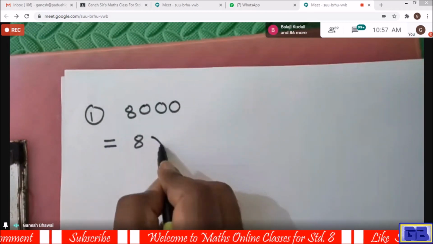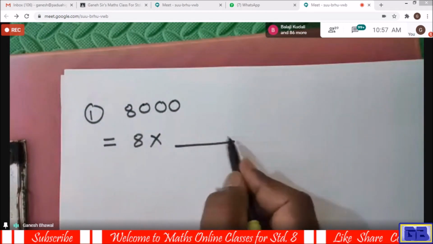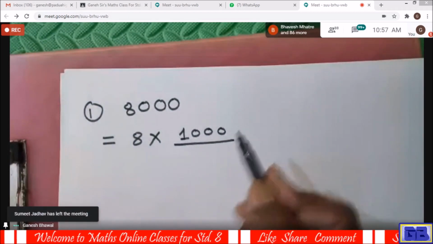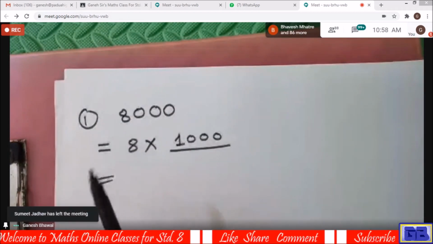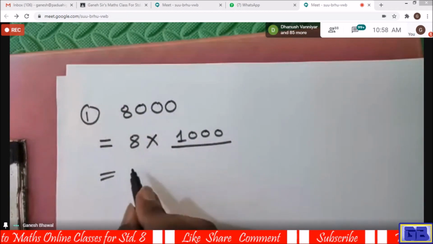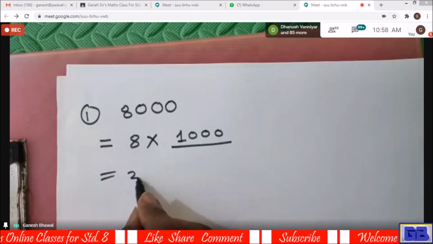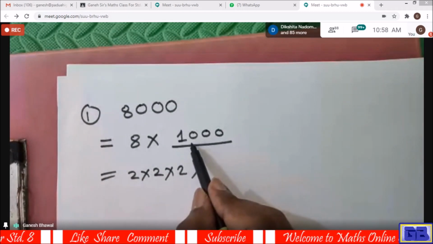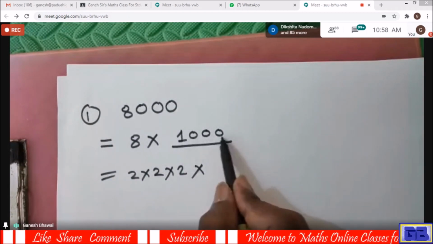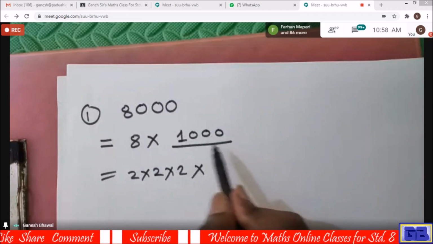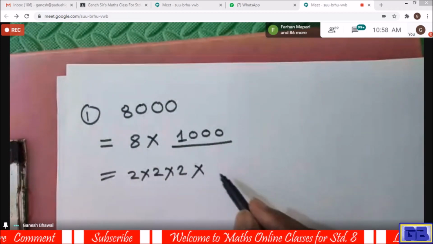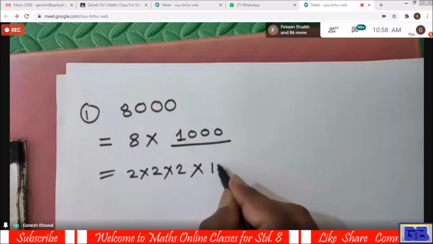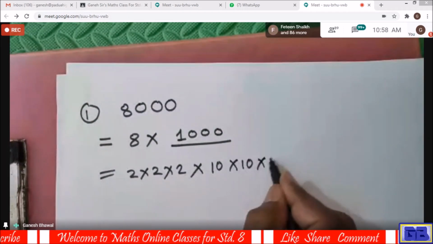So multiply 8 with what number so we get 8000? 8 multiplied by 1000. Again, the factors of 8 are 2 into 2 into 2. Now in 1000 there are 3 zeros. It means the factors of this 1000 are 3 same numbers, 10 into 10 into 10.